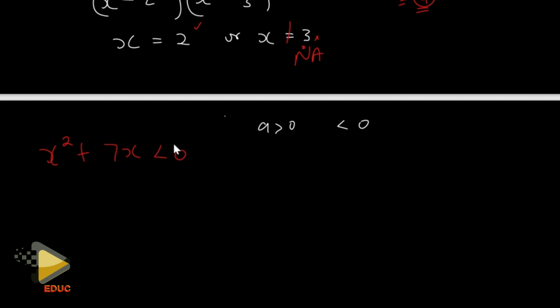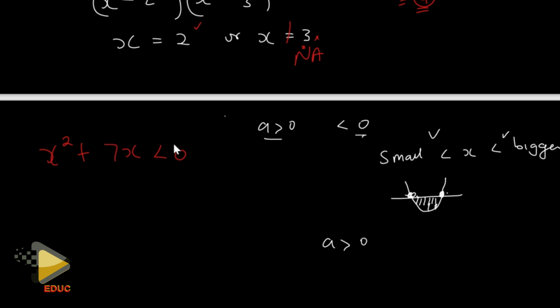For as long as a is greater than 0, and this is the inequality, our answers are going to be the smaller value is less than x, and x is less than the bigger value. If it's a parabola, we have our roots, and the point of interest will be between those two numbers, that lies the solution to the question.